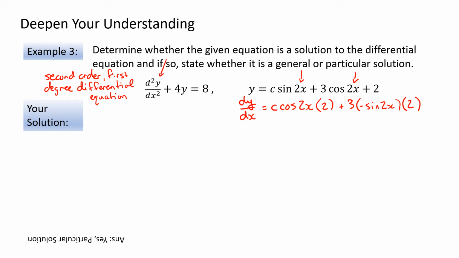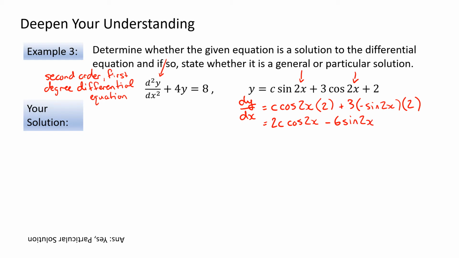And then the derivative of the constant is just simply 0. Simplifying this, we get 2 times c cosine of 2x minus 6 sine of 2x.